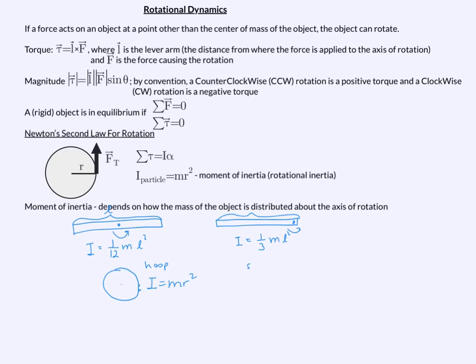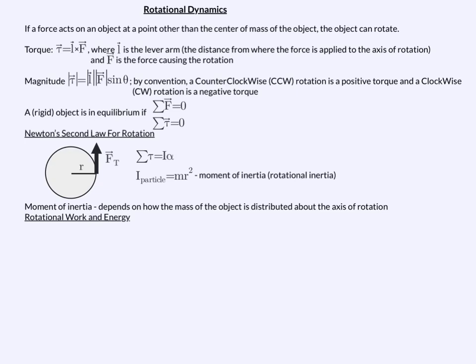For a solid sphere, the moment of inertia is 2/5 mr squared. And we'll see later in problems how the moments of inertia impact the rotation of an object.